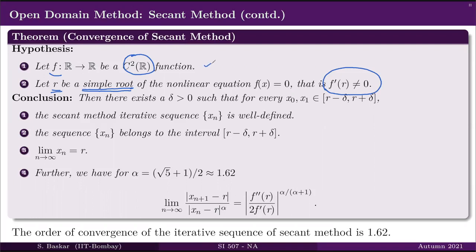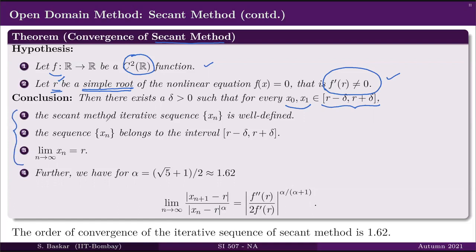If you ensure these two conditions and you are interested in capturing the root r using the secant method, well, you have to choose your x0 and x1 sufficiently close to the root. This is equivalent to saying that there exists a delta greater than 0 such that if your choice x0 and x1 lies in the delta neighborhood, then you have these conclusions.